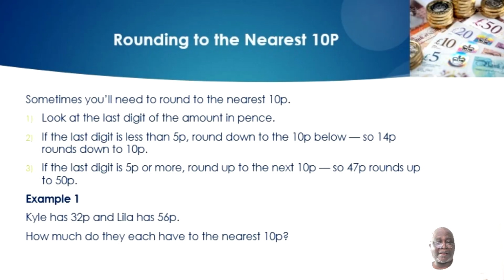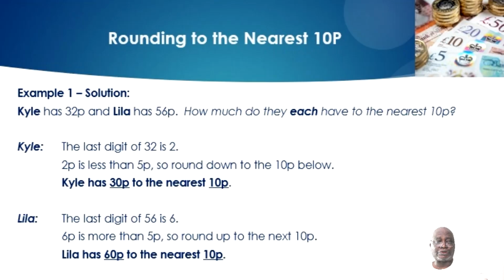Example 1. Kyle has 32p and Leela has 56p. How much do they each have to the nearest 10p? Your solution. The last digit of 32 is 2. 2p is less than 5p, so you round down to the 10p below.